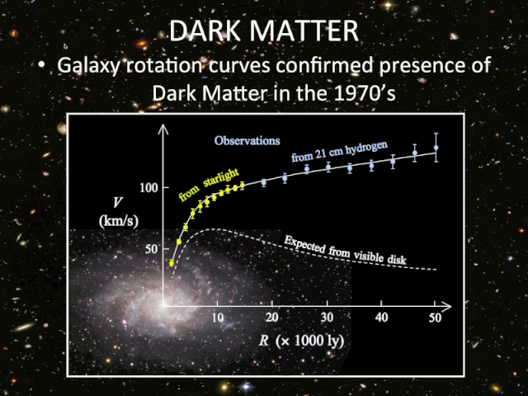Later, in the 1970s, this was further confirmed. The existence of this mysterious dark matter that we do not see was further confirmed by looking at how stars rotate inside a single galaxy, right? Inside a single galaxy, you have the same problem, right? You can have a galaxy, and stars are rotating around the center of the galaxy, right?